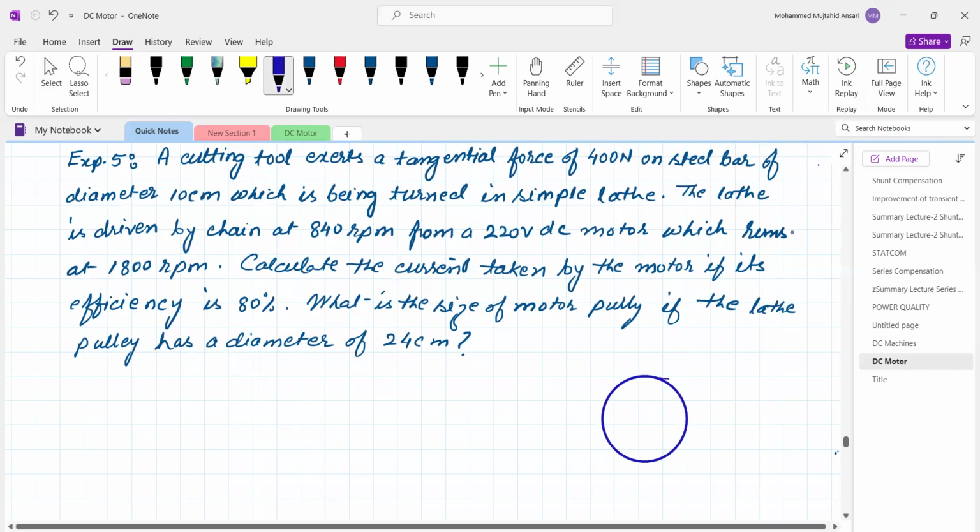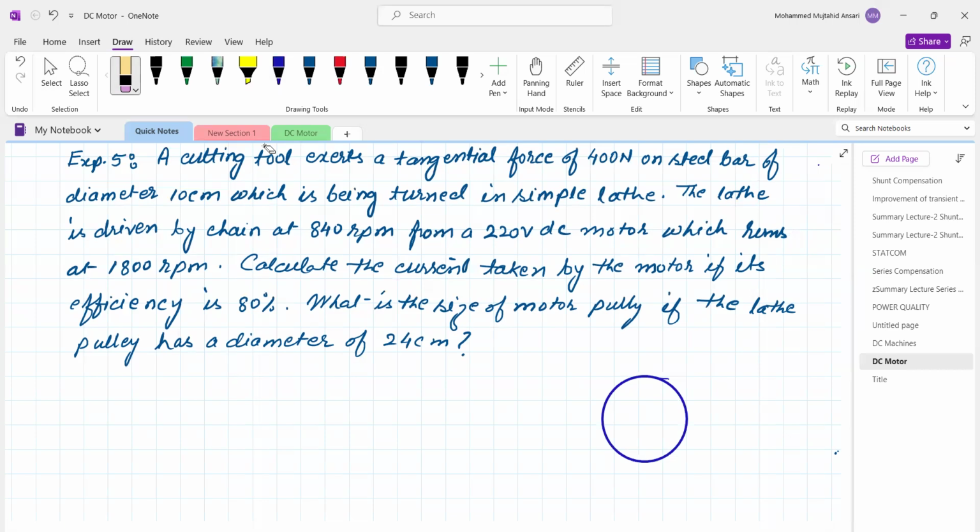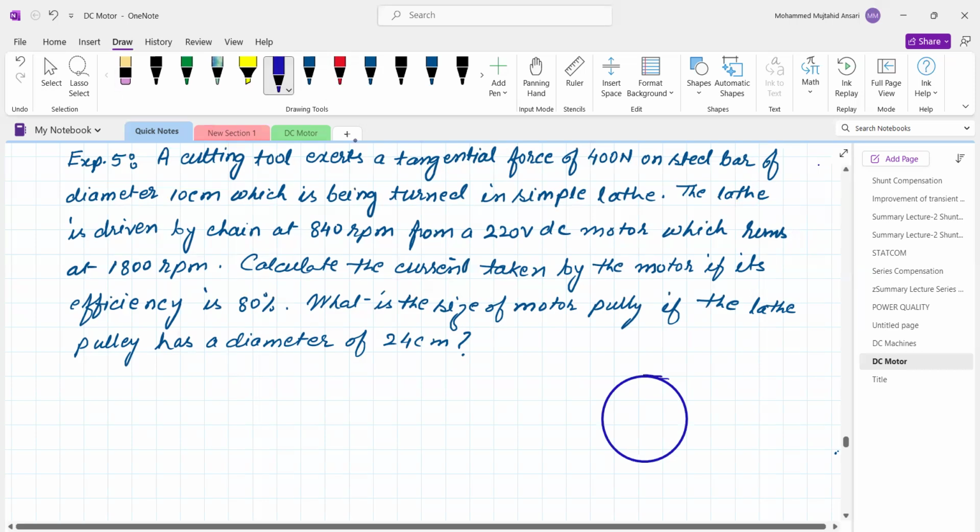So the force which is tangential, this force F is equal to 400 Newton on the steel bar of diameter 10 centimeter.